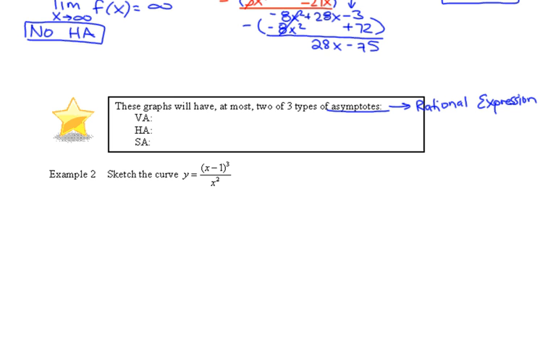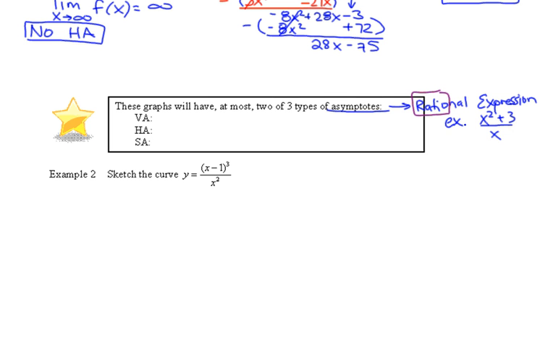You have a divisor of x. So for example, x squared plus 3 over x. Ratio means fraction. Expressions are when we use variables, right? So we have a variable of x on the bottom.